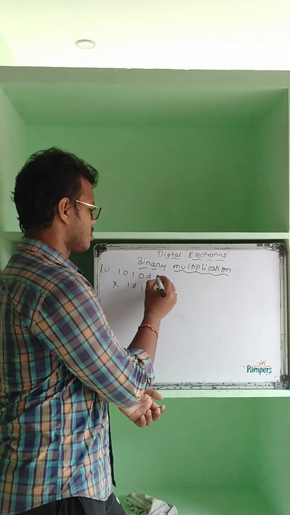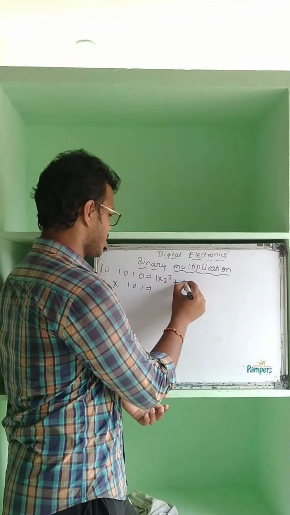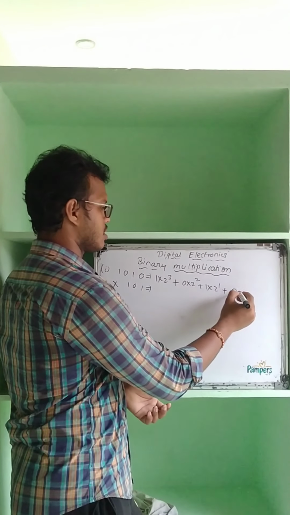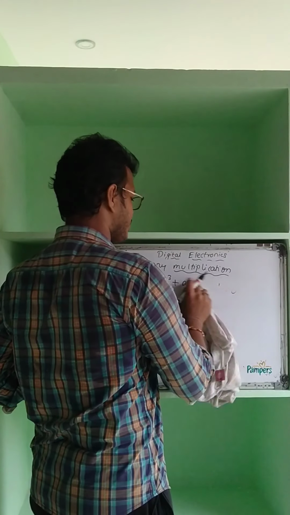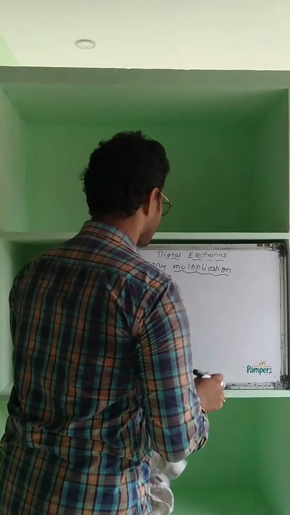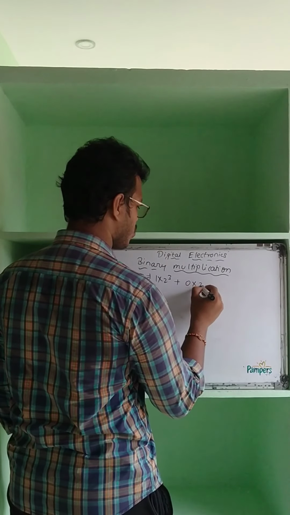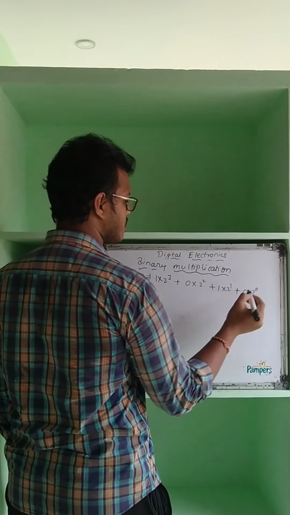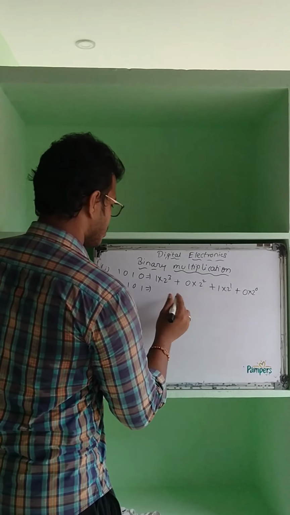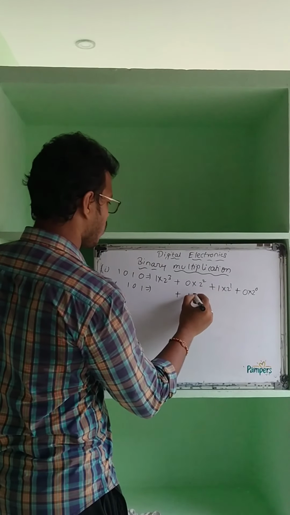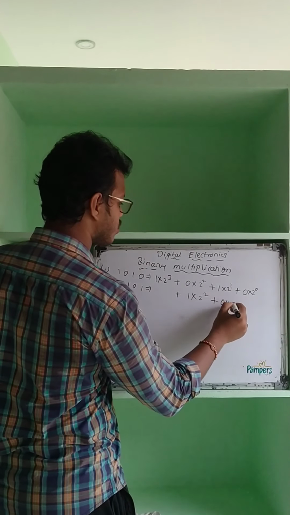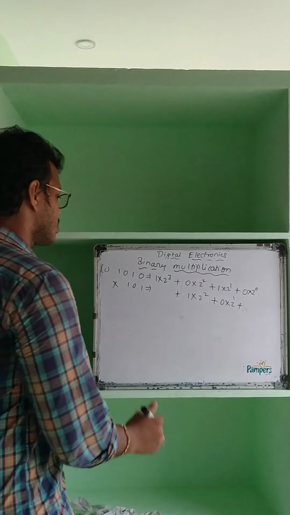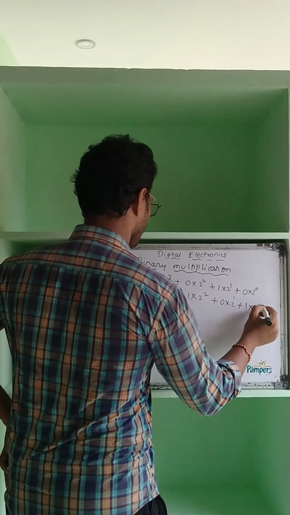Let us expand these binary numbers. The first number is 1 into 2 cube plus 0 into 2 square plus 1 into 2 power of 1 plus 0 into 2 power of 0, which is going to be multiplied by 1 into 2 square plus 0 into 2 power of 1 plus 1 into 2 power of 0.